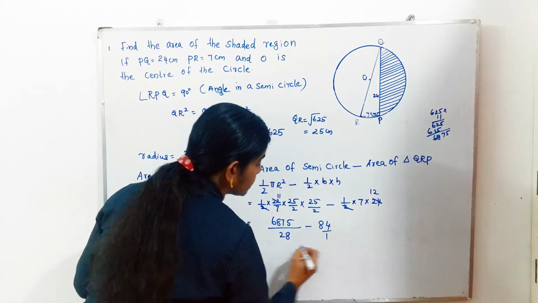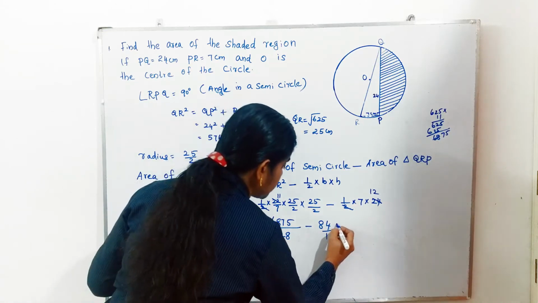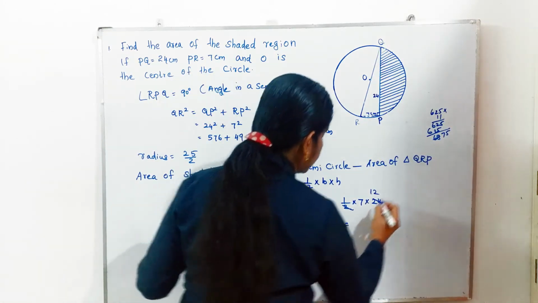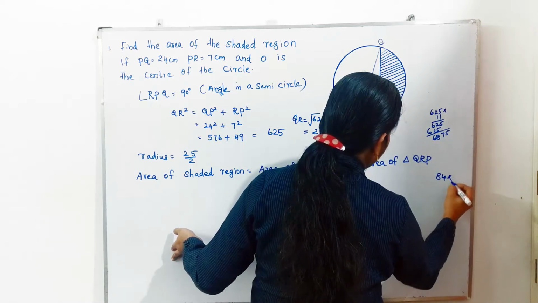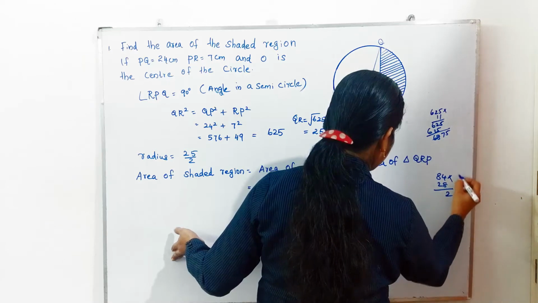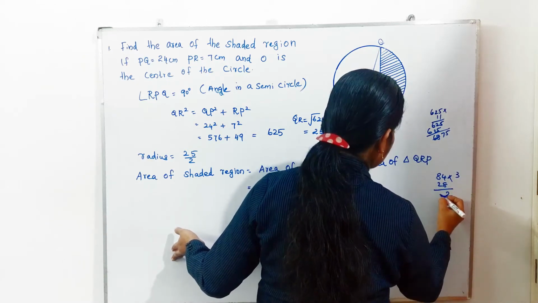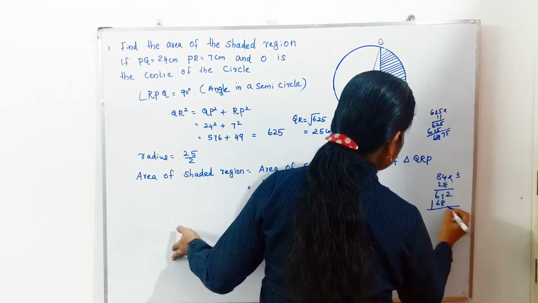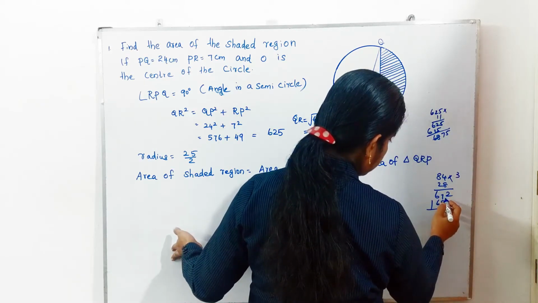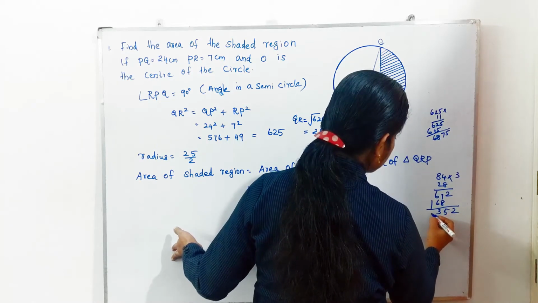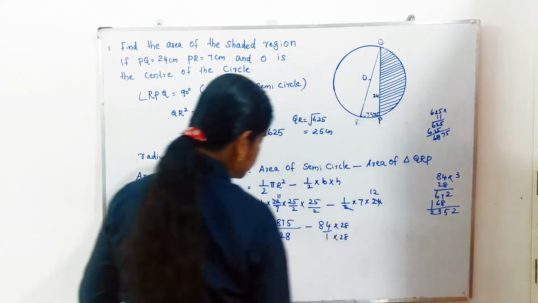Then here also we want to multiply with 28, so 84 into 28 is 2352.